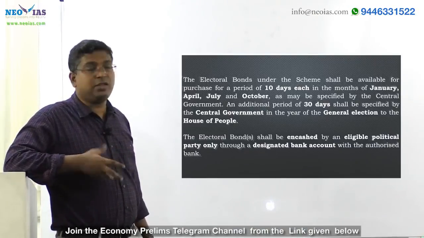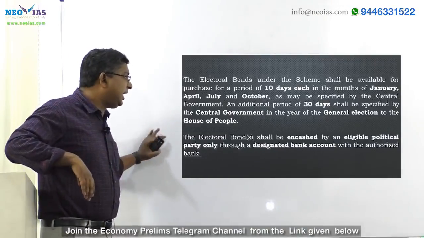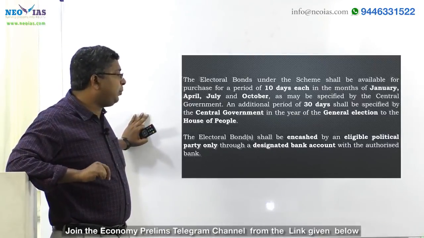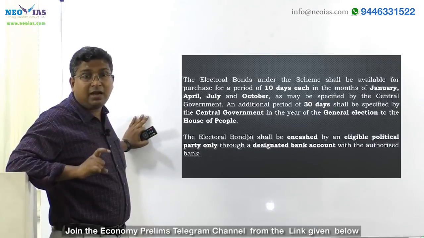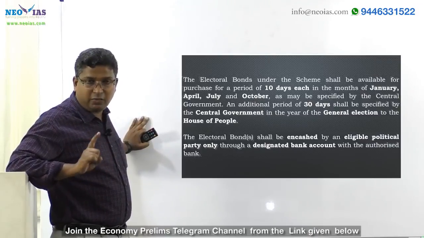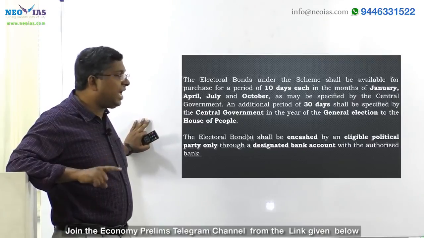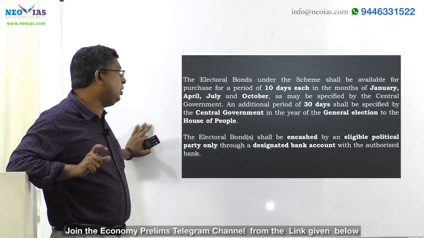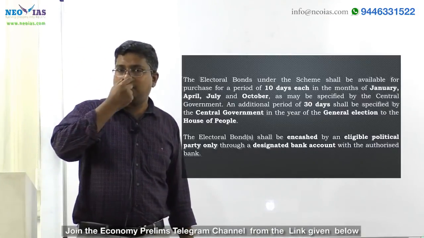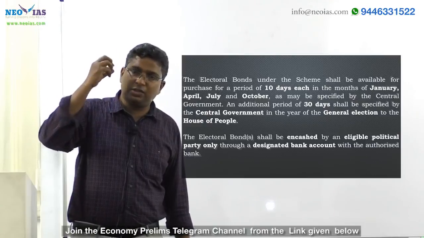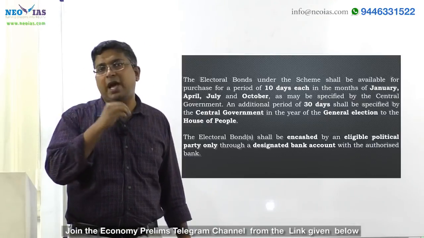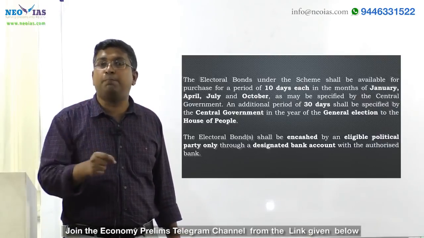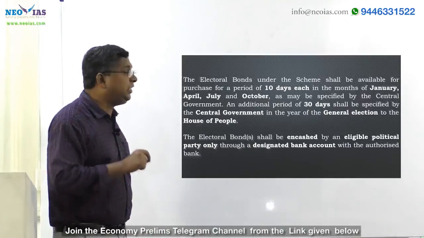This electoral bond can be encashed by the eligible political party only, that is, a registered political party which has got at least 1% of votes, through a designated bank account. The purchaser pays through his bank account, and the eligible party encashes it only through their account with the authorized bank.